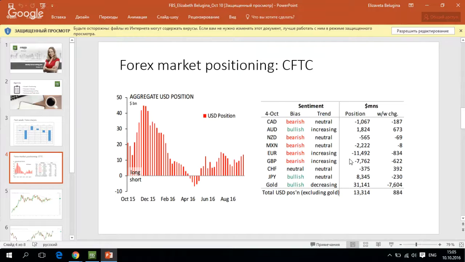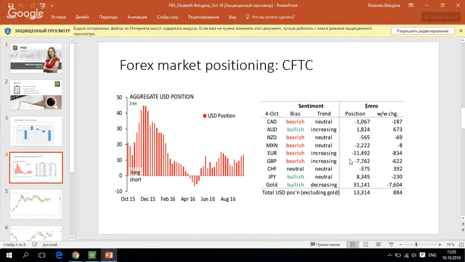First of all, we can see that the overall net bullish dollar position increased a bit, and this corresponds to increased demand for the greenback. Then we can see that there was overall bearish sentiment about such currencies as the Canadian dollar, New Zealand's dollar, the European currency, and the British currency.